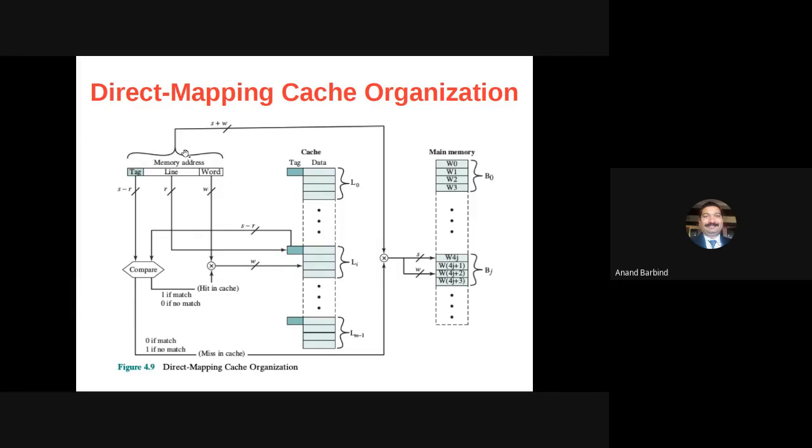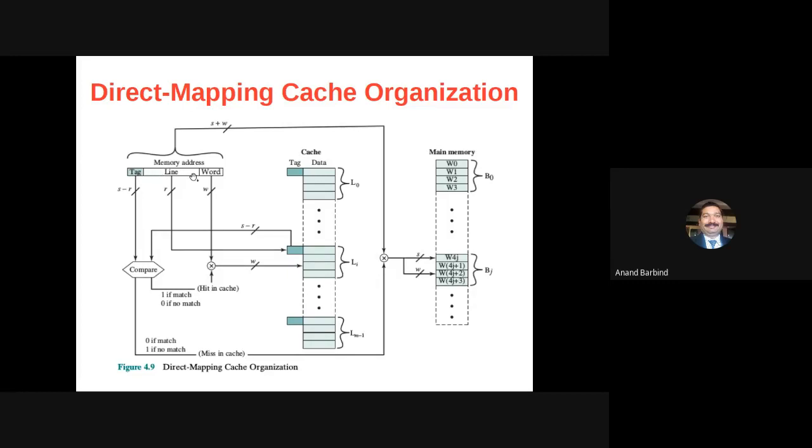All these accesses are referred to as memory accesses, and there is a memory address for each of them. In case of direct mapping, the memory address is divided into three different fields, referred to as the word address, the line address, and the tag address.